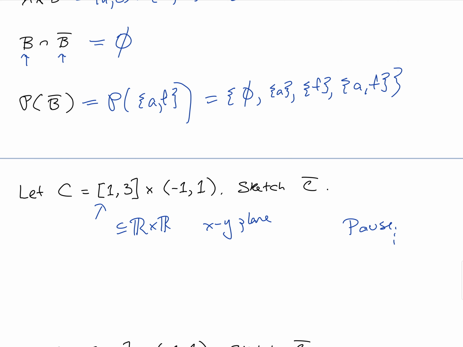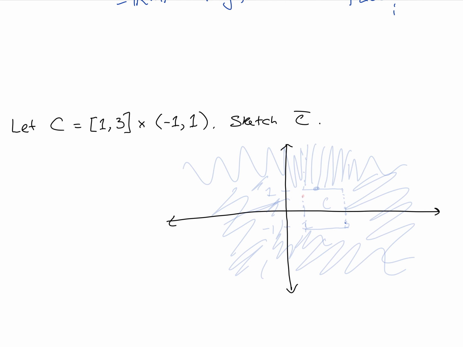All right, so we're sketching the complement of this set. C is the Cartesian product of the closed interval from 1 to 3 with the open interval from -1 to +1. Since we're outside the closed interval from 1 to 3, we could draw that as a dotted line because we don't want to include those endpoints.